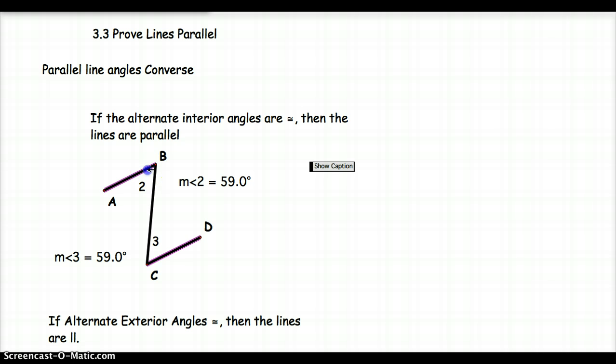And then here is your transversal right here. Since these are inside the parallel lines, those are the interior angles, and one is on the left and one is on the right, so that's your alternate interior angles. And so since these are the same, then line AB is parallel to line CD, or DC. And that little symbol right here, the two lines that look kind of like mini parallel lines, that's what that represents.